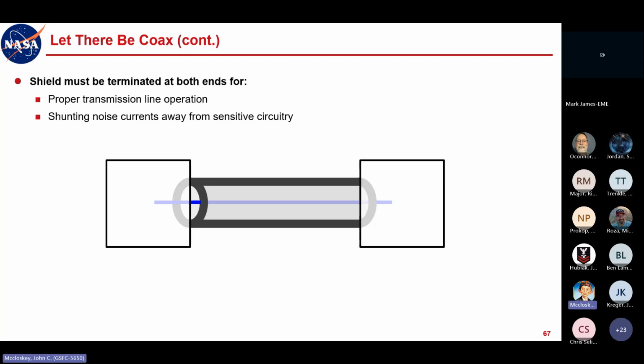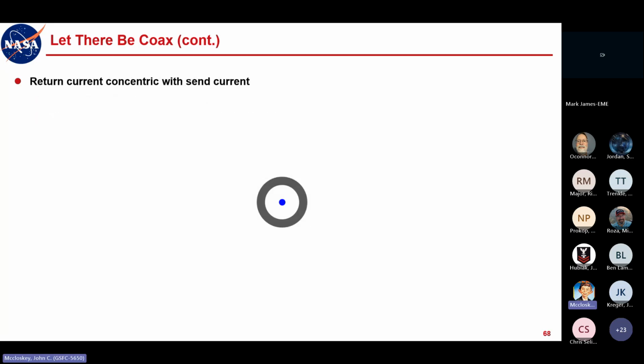That's a thou shalt. And then the big benefit really for coax is that the return current is concentric with the send current, right? I don't have a corresponding graphic here, but if you picture a twisted pair, there's no way to get the send and return paths to be coincident.